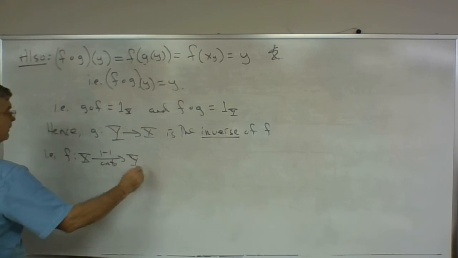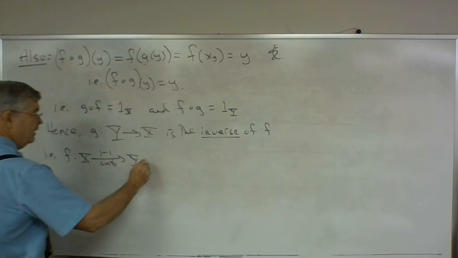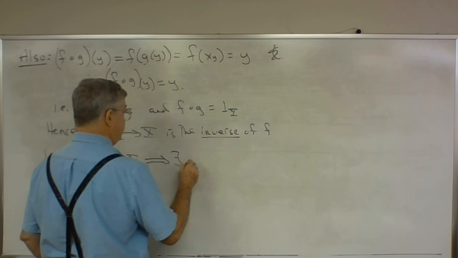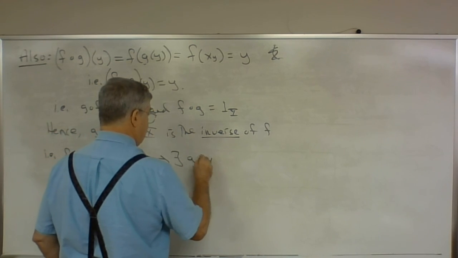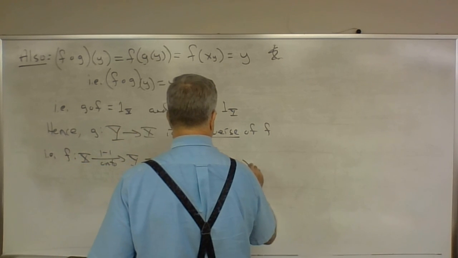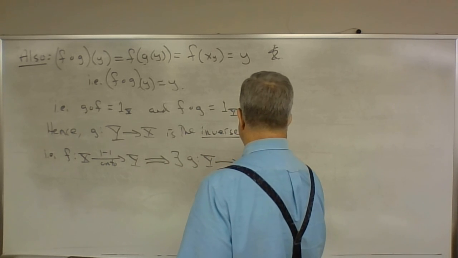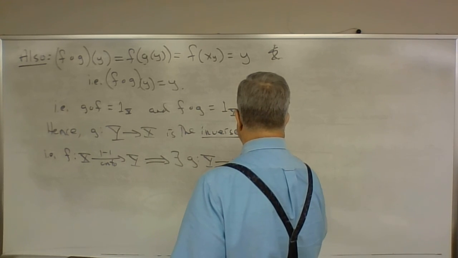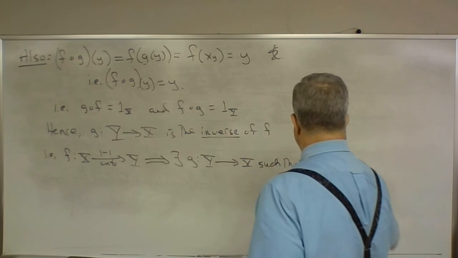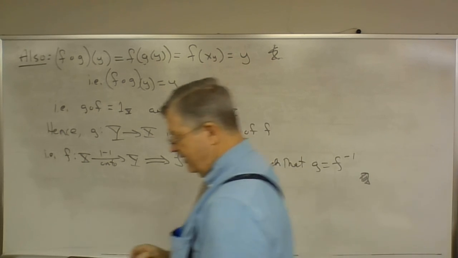So if we have a function f from x to y that's 1 to 1 and onto, that means there's a function g from y to x such that g equals f inverse. Okay, that's our proof.